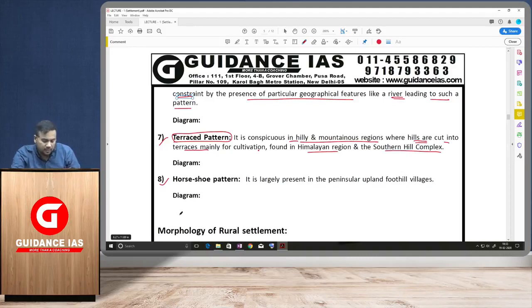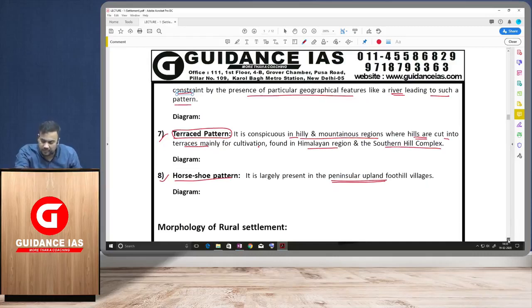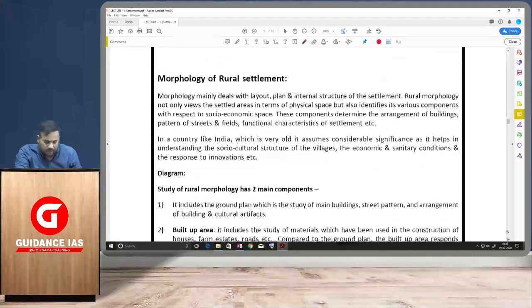Like site, you can see, horseshoe pattern is developing where? More common in the peninsular region where such ridges are found. So it is a function of the site, it is a function of the man-made features which are there. Okay? So as a result we find that a variety of shapes can be displayed by rural settlements.